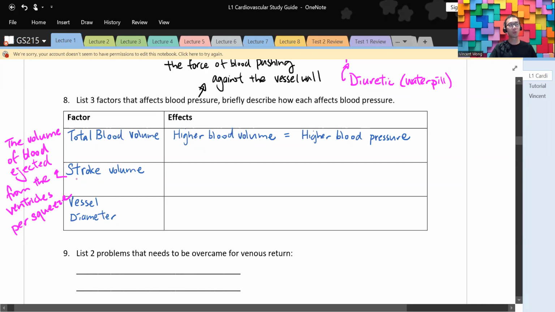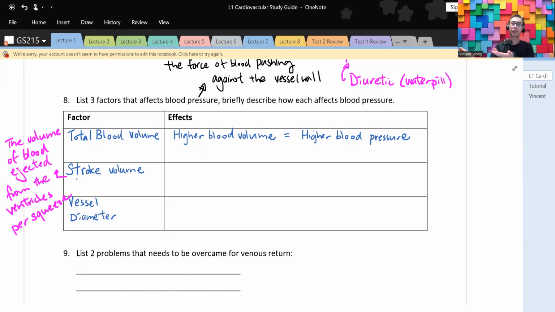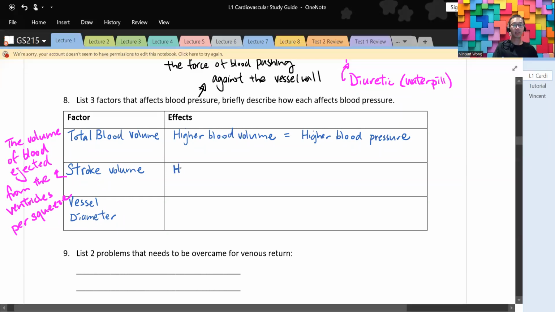Okay, so the more blood you squeeze out, the higher the blood pressure. That's the relationship. Okay, so higher stroke volume equals higher blood pressure.